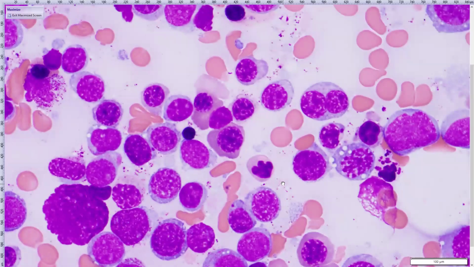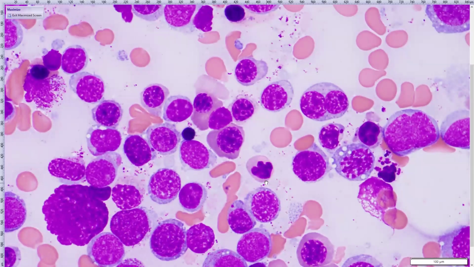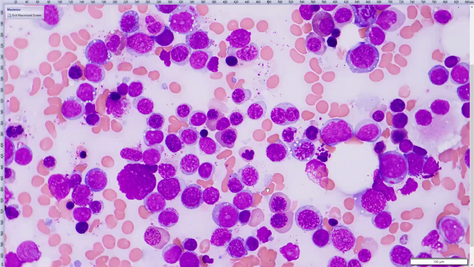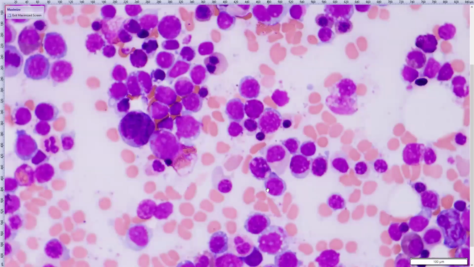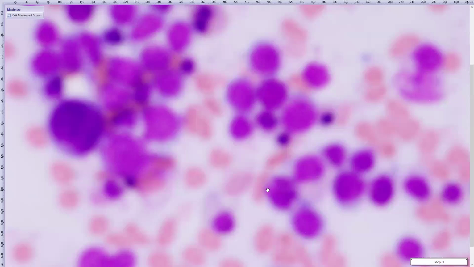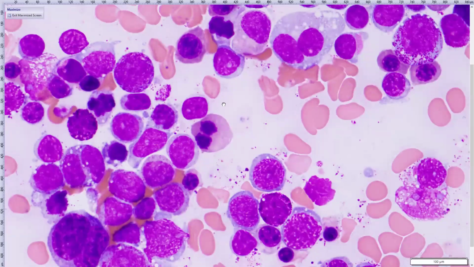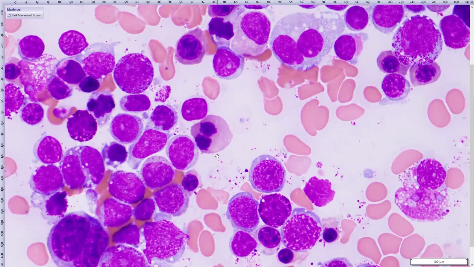This one here is an erythroid precursor with irregular nuclear contours. So this is another dysplastic erythroid precursor. This one here is an erythroid precursor with binucleation.